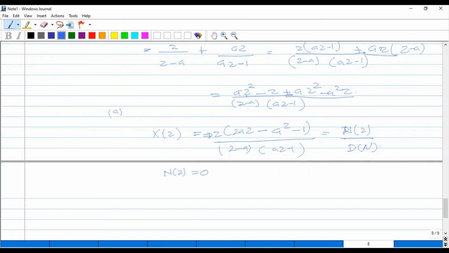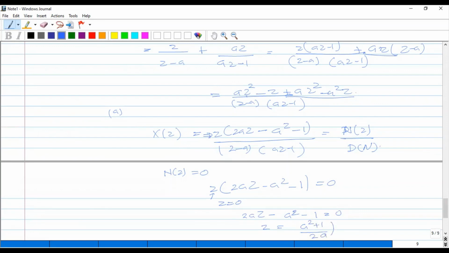If you equate the upper part to 0, that is Z times (2A Z minus A square minus 1) equal to 0, then Z can be 0 or the bracket can be 0. So 2A Z minus A square minus 1 equal to 0, and we will have Z as (A square plus 1) divided by 2A.